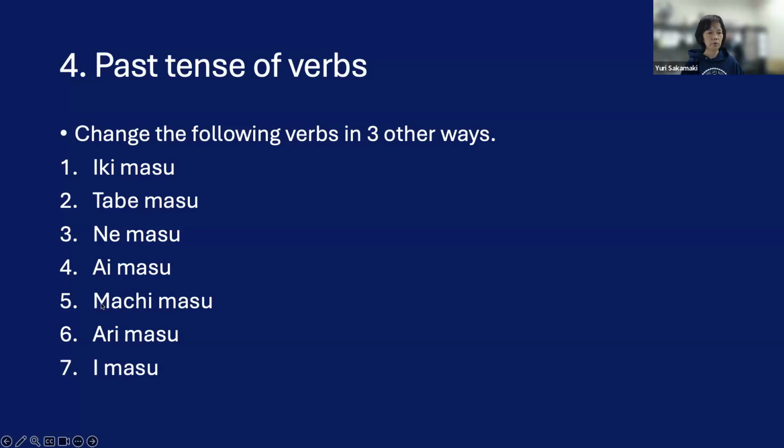Number 5, 5番, to wait, 待ちます、待ちません、待ちました、待ちませんでした. 6番, exist, for things, あります、ありません、ありました、ありませんでした. And for someone or animals existing, います、いません、いました、いませんでした. So I hope you can practice and you feel very comfortable changing masu to different parts, different boxes.